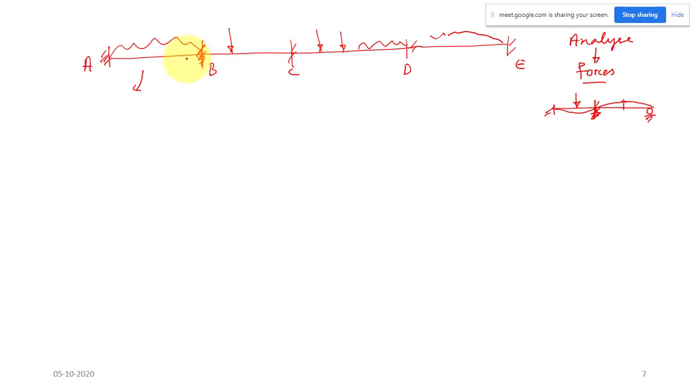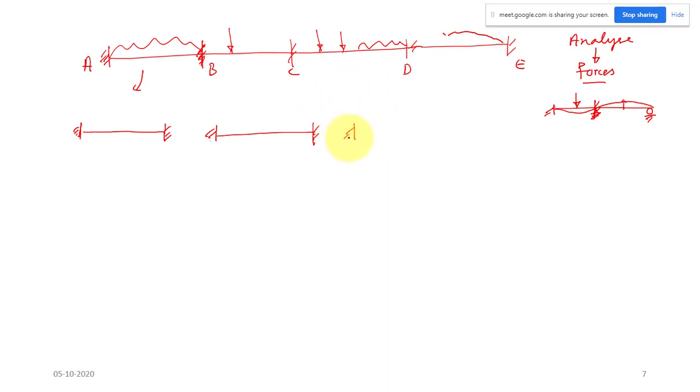So to analyze this primary structure, I can take the spans AB, BC, CD, everything one by one, separately. I can take span AB as a simple fixed beam, because each loading has no effect on the other spans.